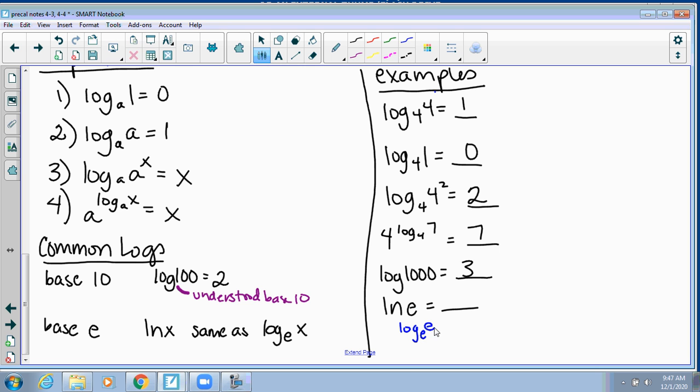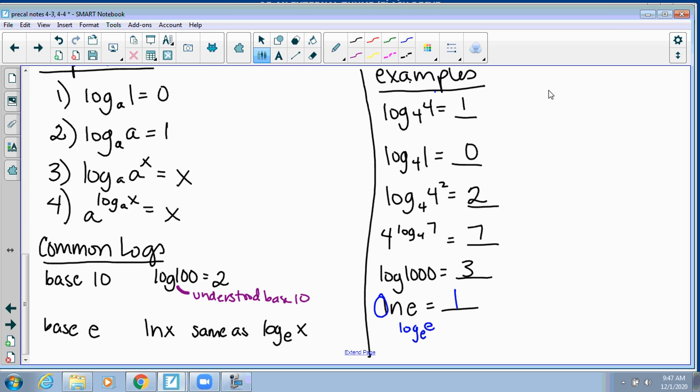So log base e of e is going to be 1. One way that I remember it, and I think it's kind of silly, is I always make the l into an O and then it spells the word one. I know that's kind of ridiculous, but it helps me every time that I do those problems.